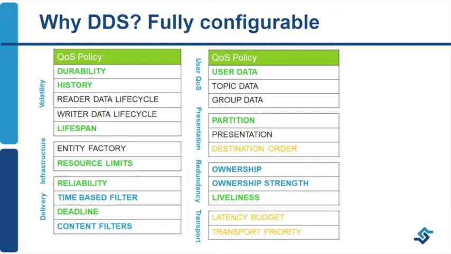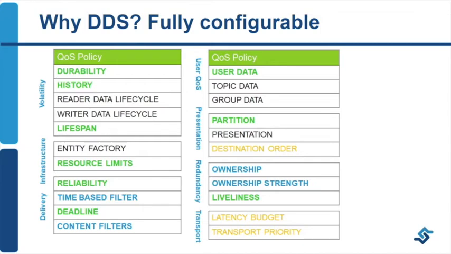You really have a lot of different quality of service policies. For example, you have policies for persistence to set the history for the joiners to establish, and in the case of lifespan, an expiration date for the data samples. You can set up resource limits to limit the amount of resources you are going to consume in your applications.